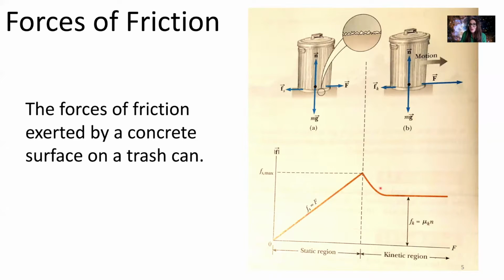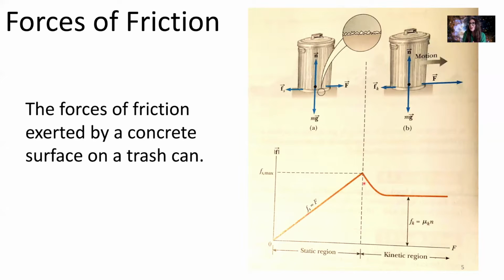Once we do that, we know the force of kinetic friction is less than the force of static friction. So once you've broken those interlacing bonds between the surfaces, it's easier to keep the object moving because the coefficient of kinetic friction is less. That means the kinetic friction force is less.